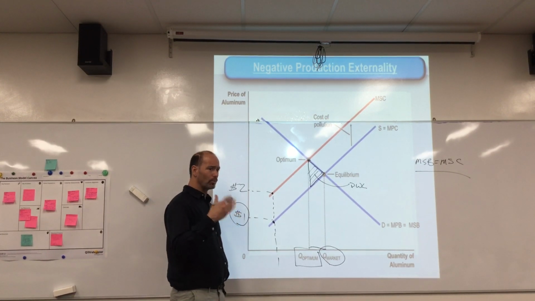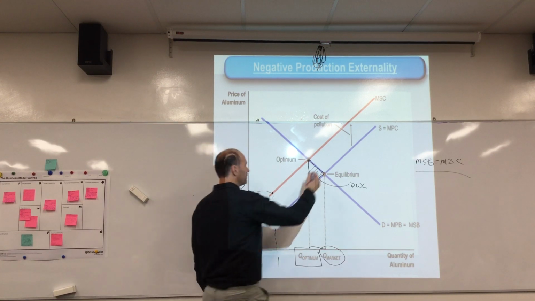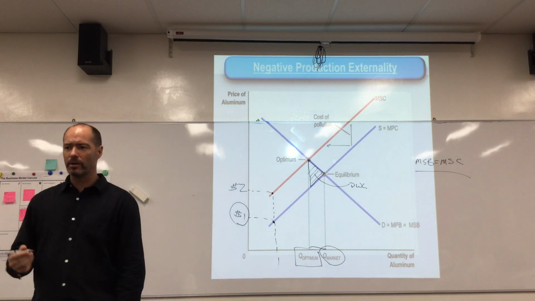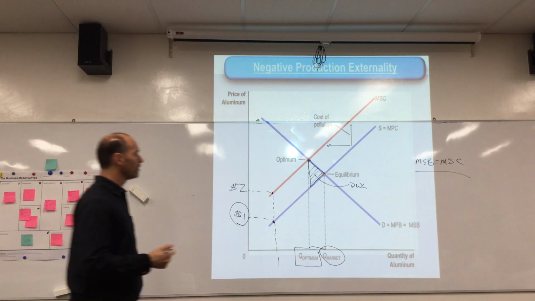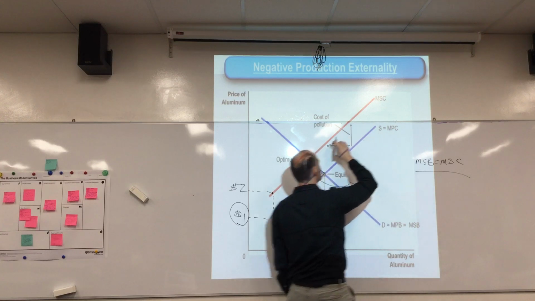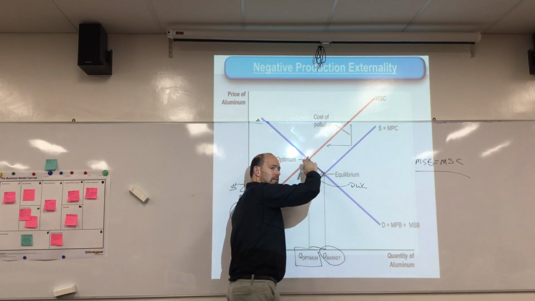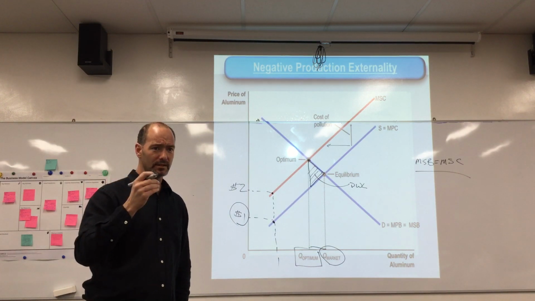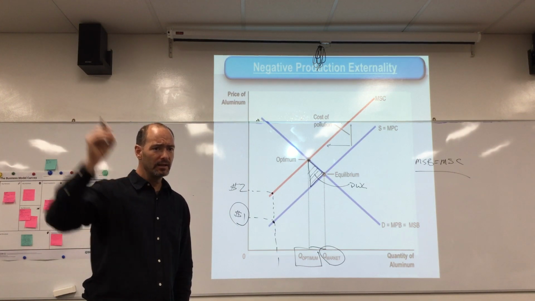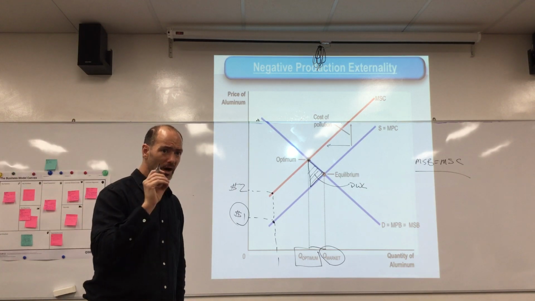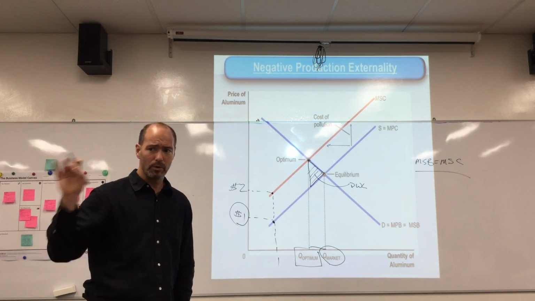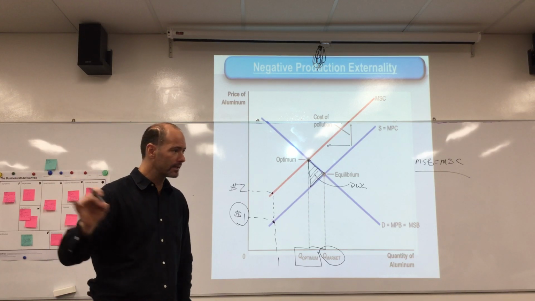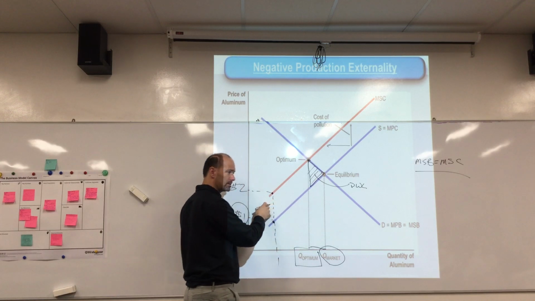And so what the government would want to do is find a way to shift that supply curve to the left so that the marginal private cost is equal to the marginal social cost. In the terminology of economists, they would want to force the business, which is currently producing an externality, a cost that's being paid by a third party, to pay that cost and recognize that cost as part of its production process.